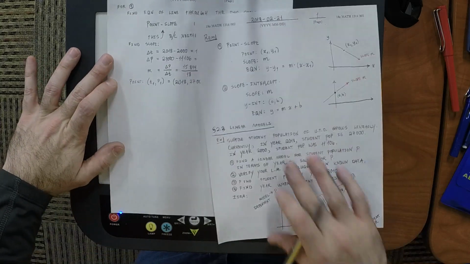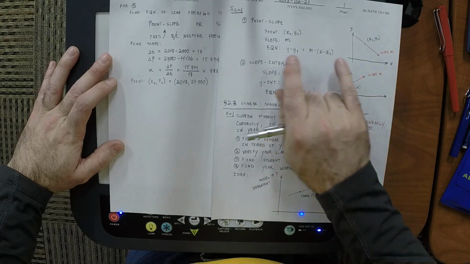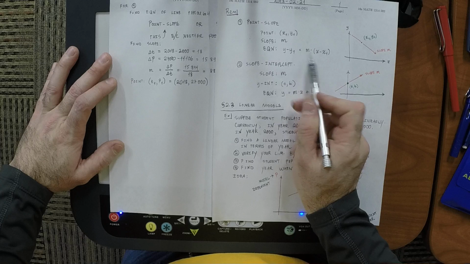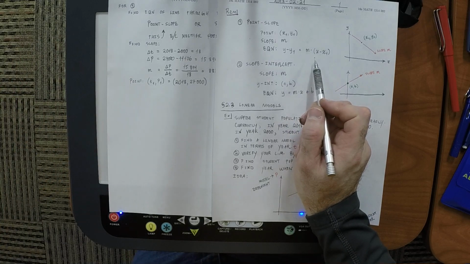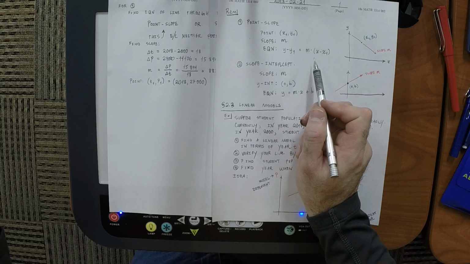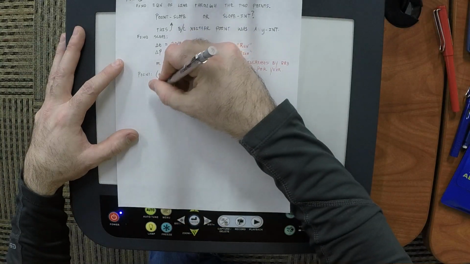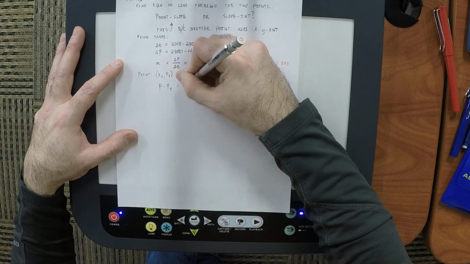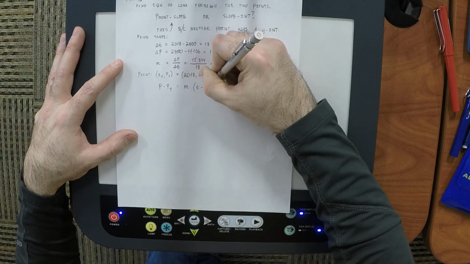Now, in abstract terms, when you're using x's and y's, that's the point-slope equation right there. But what is the point-slope equation using p's and t's? Right. P minus P1 is m multiplied by t minus T1.